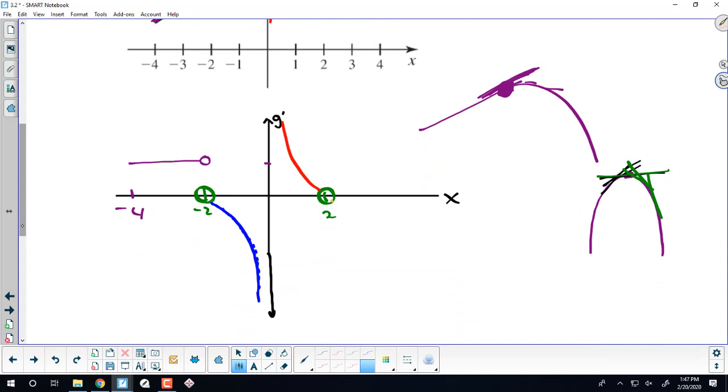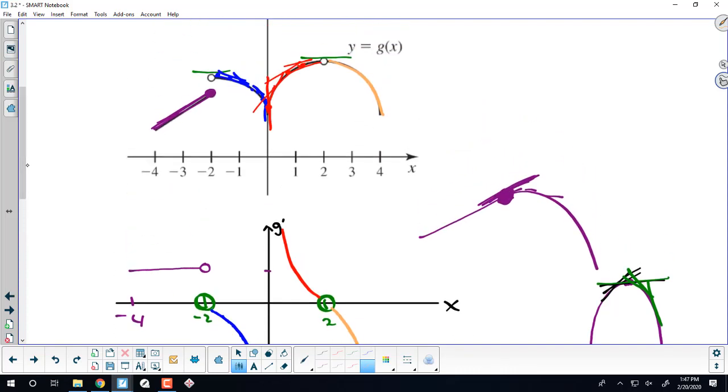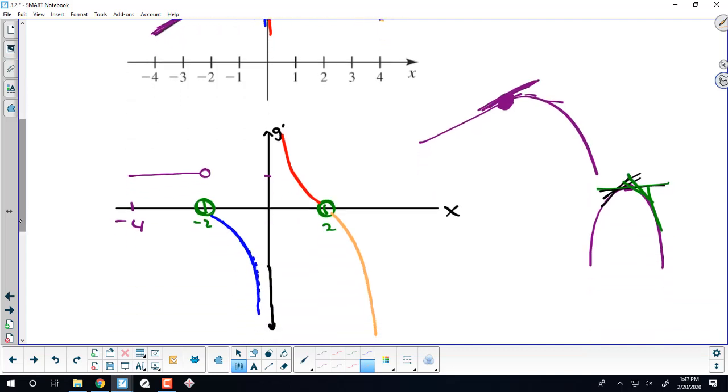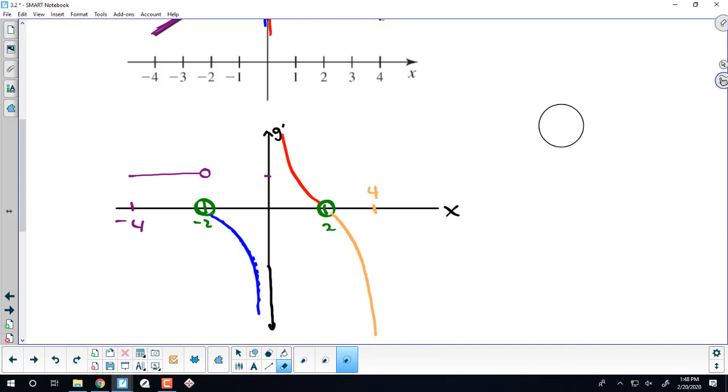So that looks like they're kind of stopping there at an x value of 4, so we'll do the same. There's the derivative. Anyone have any questions on that?